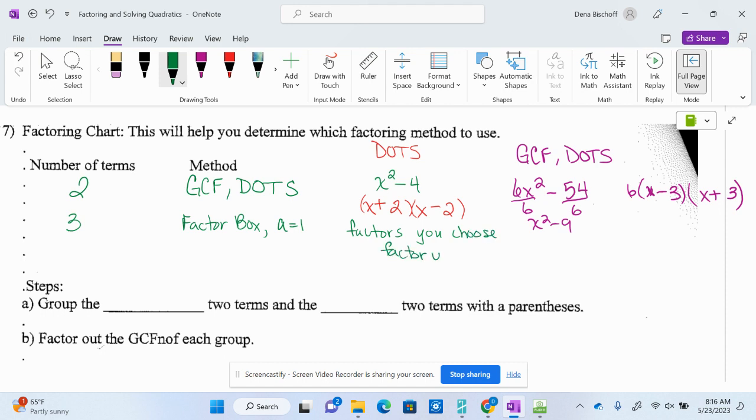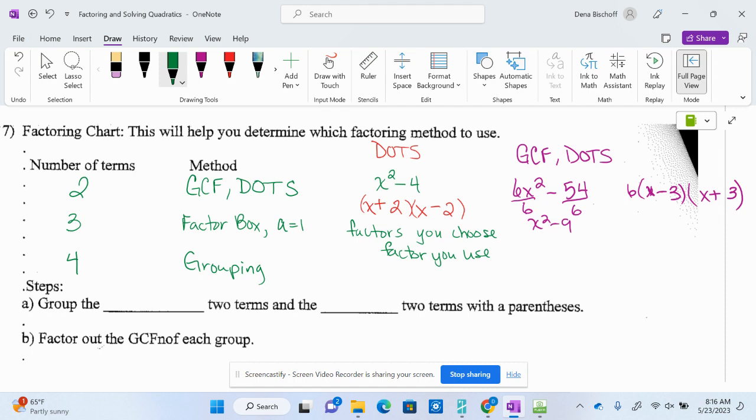Anybody remember that? You use, right? When you have three terms. Okay. And then when you have four terms, you always factor by grouping. Okay, which is what we've been doing because I don't like the factor box. I even turned 3 terms into 4. Okay.